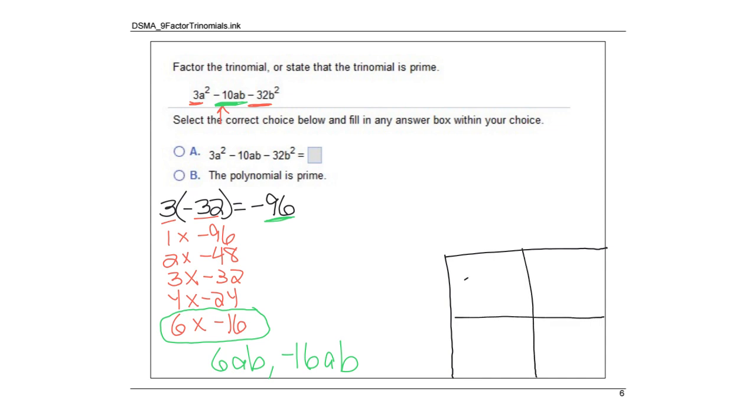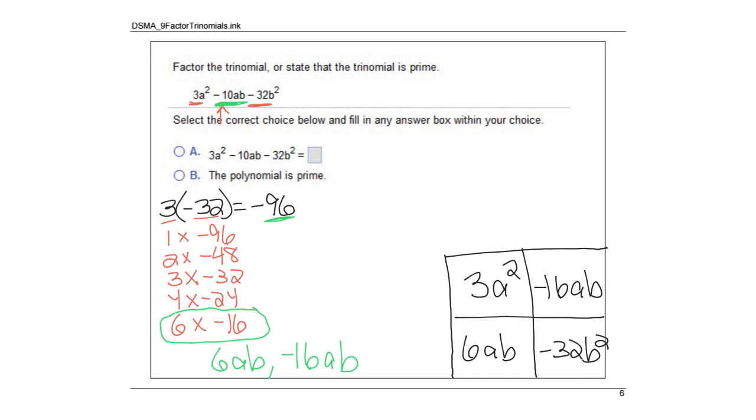In the first box, I have 3a squared. In the last box, I have negative 32b squared. Right, I have to grab everything. So 3a squared, negative 32b squared. All right, now I'm going to put the 6ab in here and the negative 16ab in here. Again, I could have switched those. Does not matter.